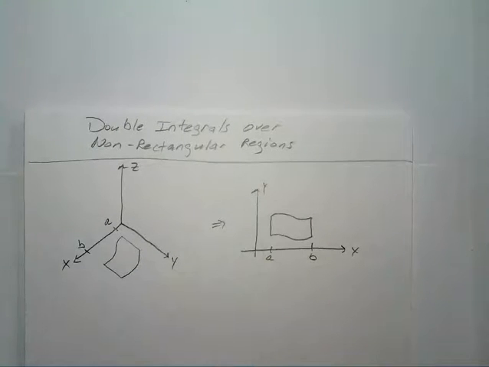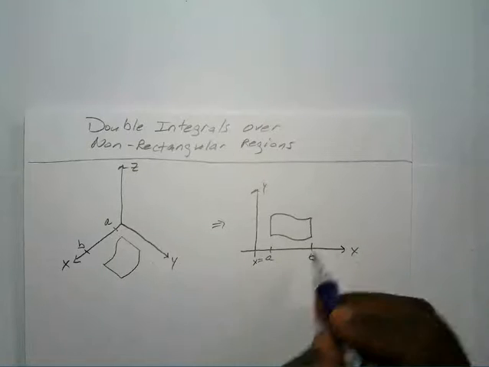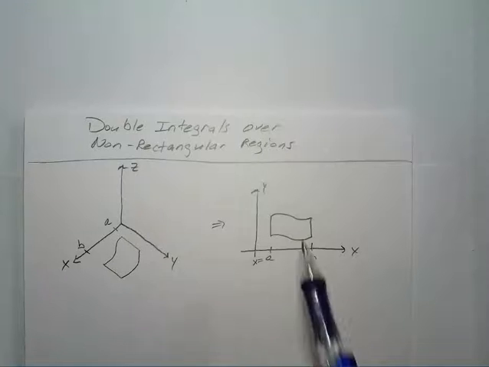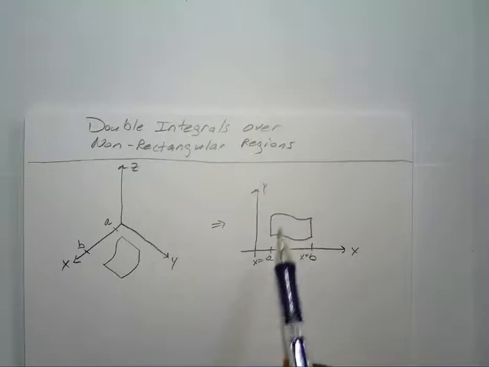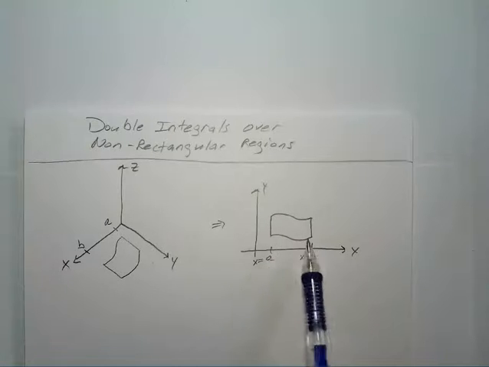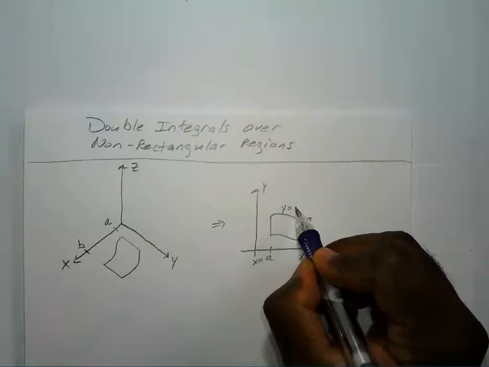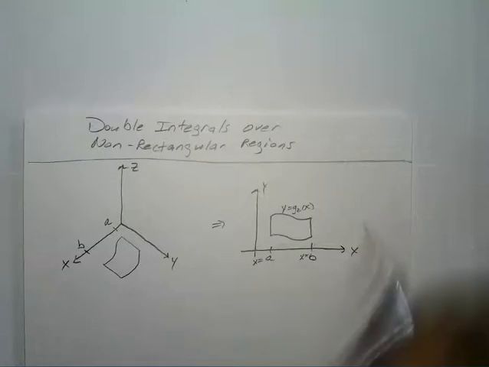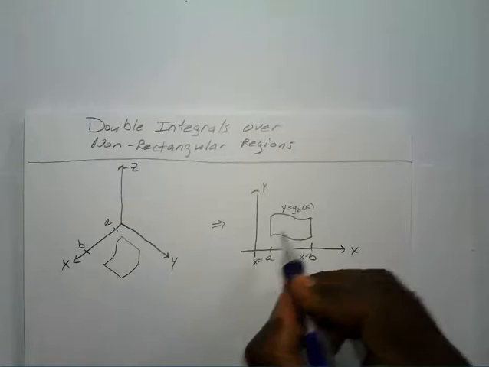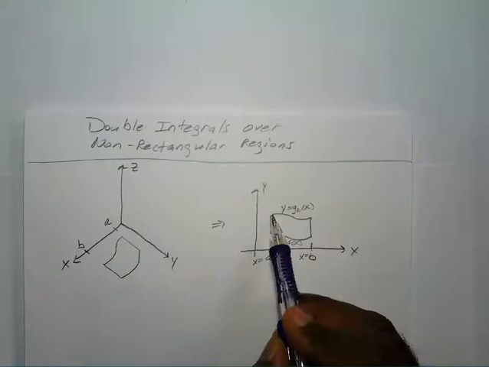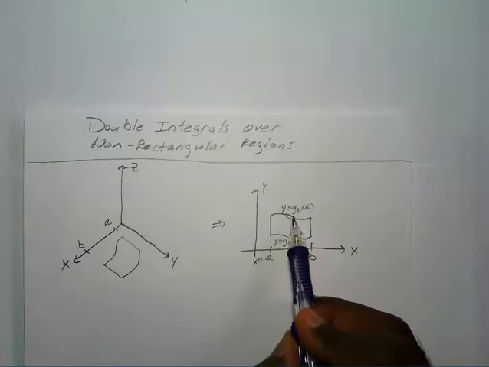That's your X and that's your Y. Here, X is equal to some value A and X is equal to some value B. Now if we wanted to find the area of this particular shape, we have to figure out the Y boundaries. In this case, our Y would be some function of X, and this Y would equal some function of X, for these two portions of the graph.